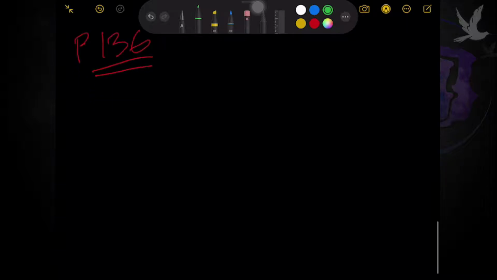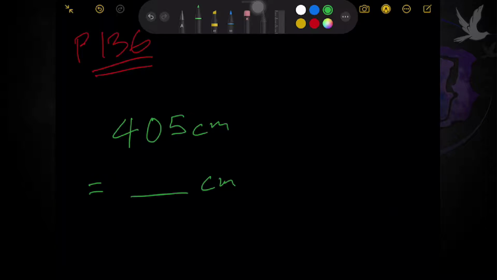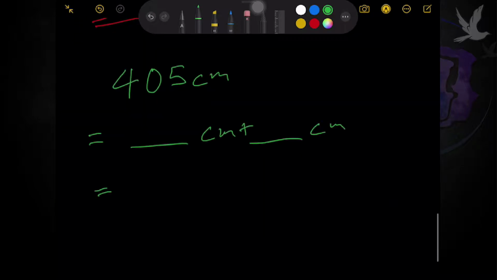You are going to convert, for example, 405 centimeters, breaking them down to meter and centimeter. Parehas pa rin, no? Paminsan yung books ninyo are confusing. Not actually confusing, but doesn't make sense. Pero sige lang. We are breaking them down by 100. Parang tinatanggal natin yung 100 na yun. And then from there, we will convert these centimeters to meters and end up with your other centimeter. So, ganyan lang.